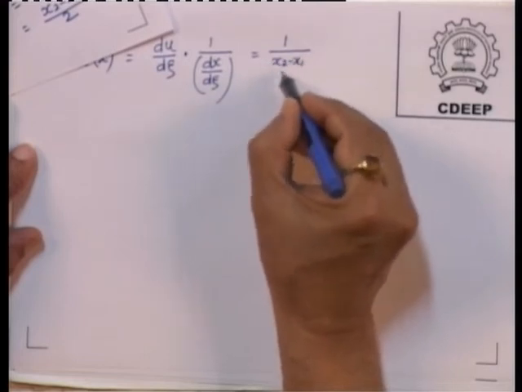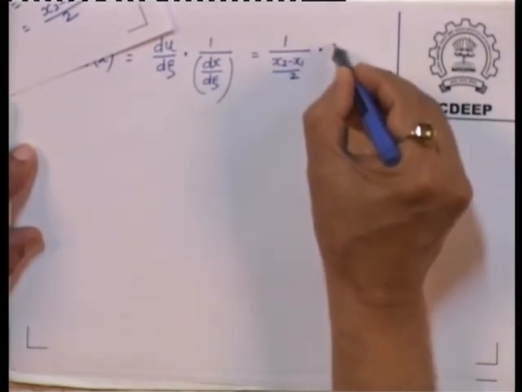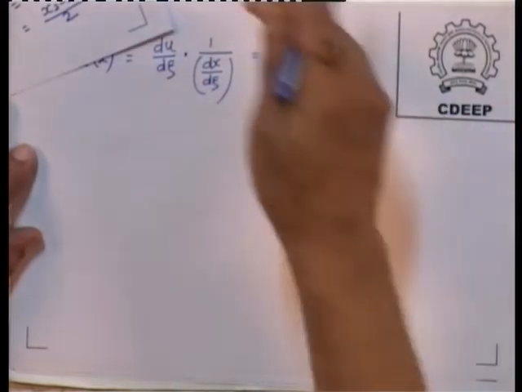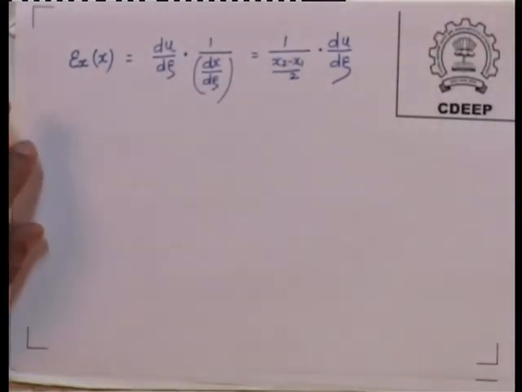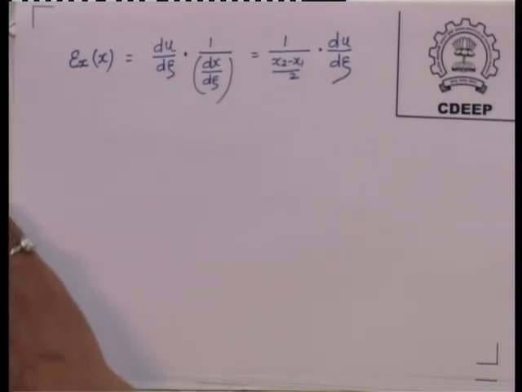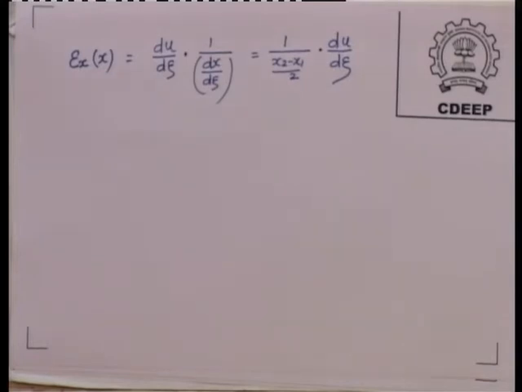Therefore this is equal to 1 divided by x2 minus x1 by 2, into du by d psi. What is x2 minus x1 divided by 2? L by 2. Very good.